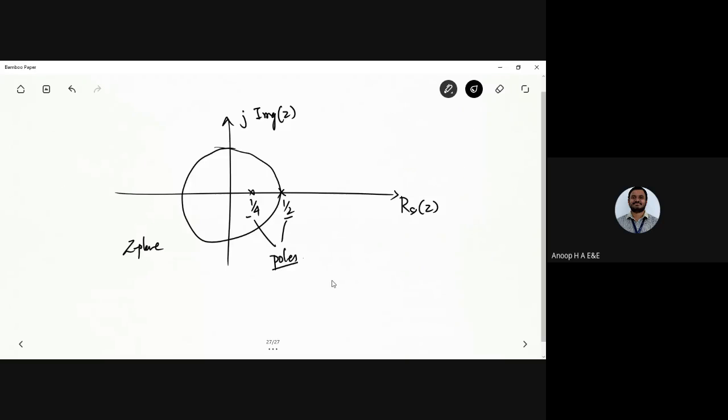So now the ROC would be here. Fine. Both the sequences will form the right-handed positive time sequence, and this is how you can sketch the ROC.